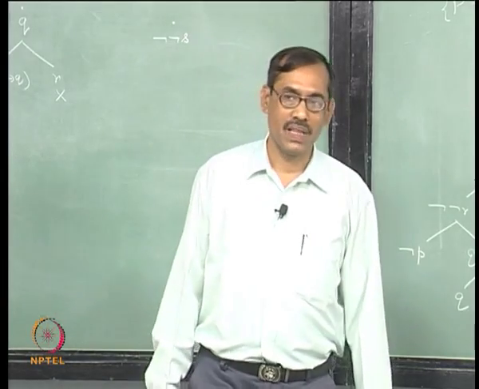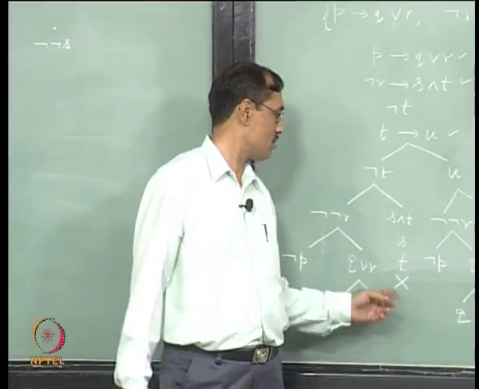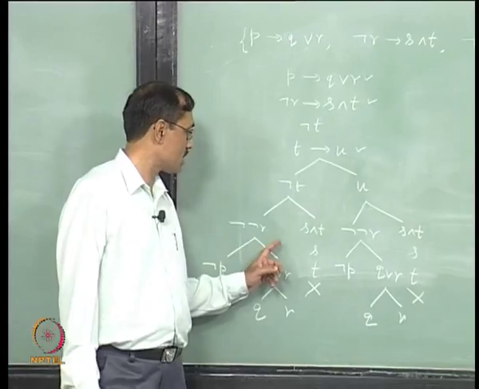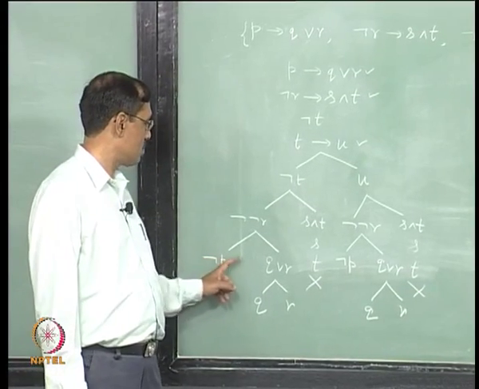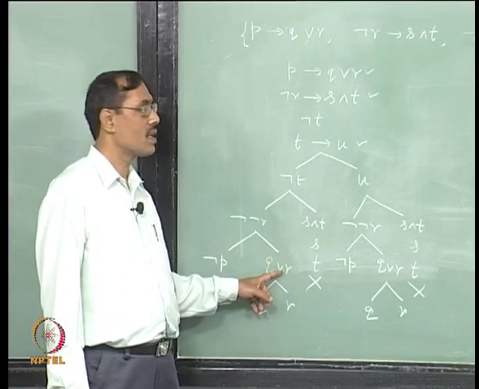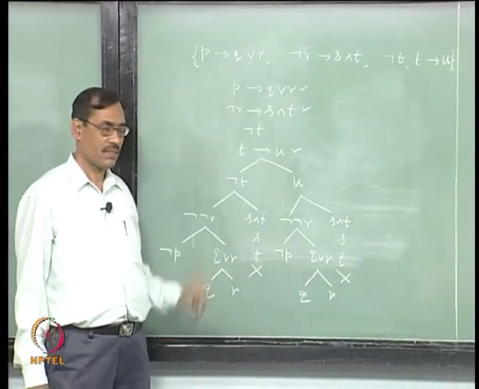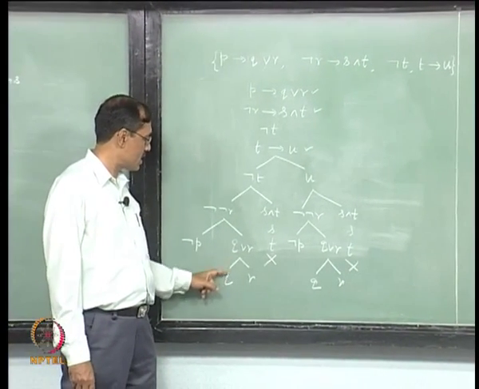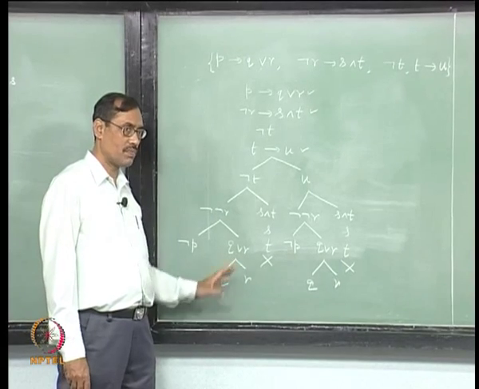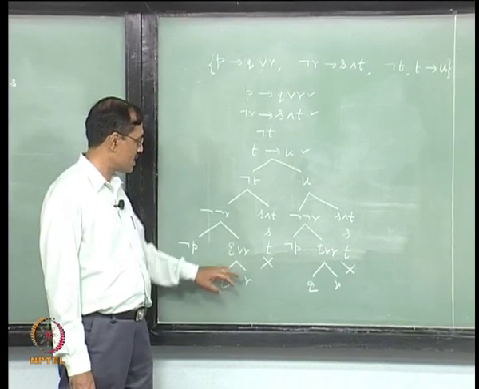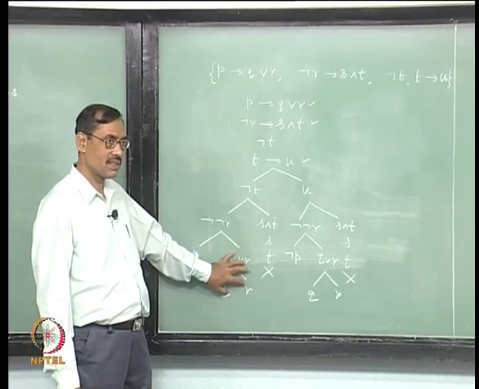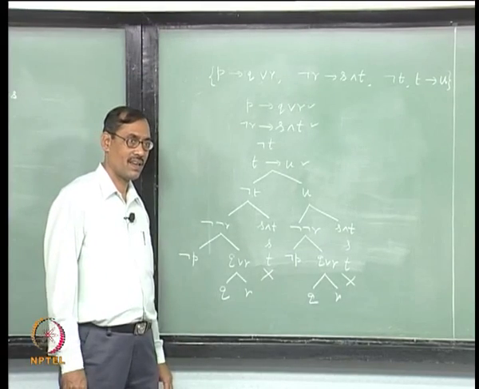But there is one thing which we have to modify. For example, we have taken not P, Q or R. This comes from the premise P implies Q or R. Now immediately we take Q and R here, those two paths we have taken. So imagine we have not used it at the last, but used it at the beginning, right.